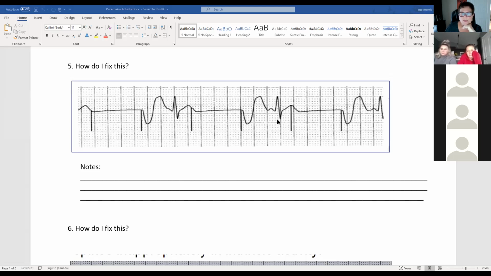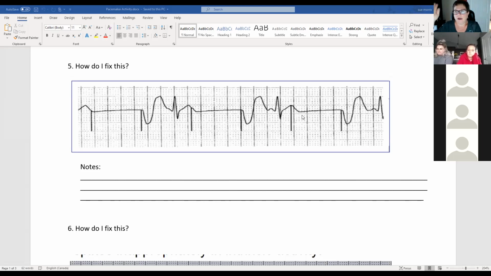No. So the lower I go in numbers, the more sensitive I am. So if my millivolts are at 10, I'll bring it down to 9, to 8, to 7, to 6, so that I lower the fence so I can see more QRSs.